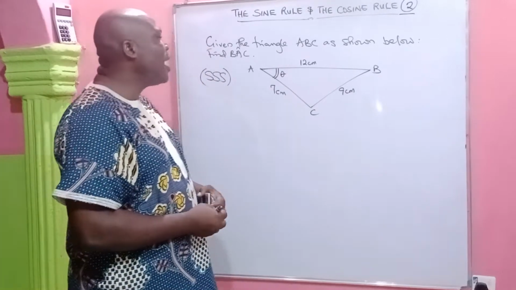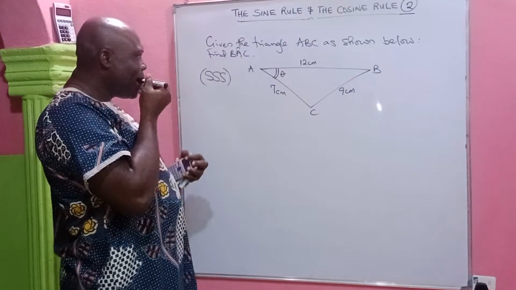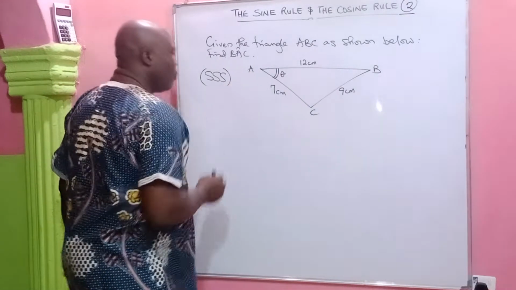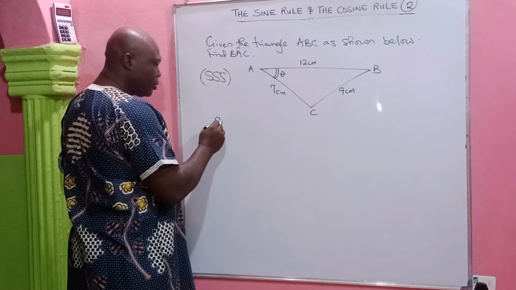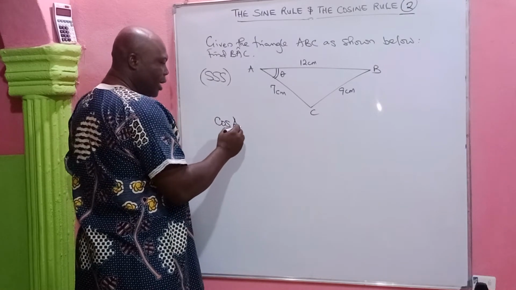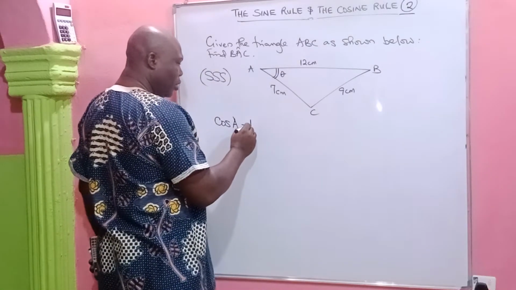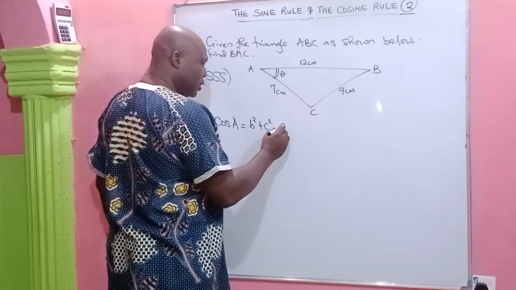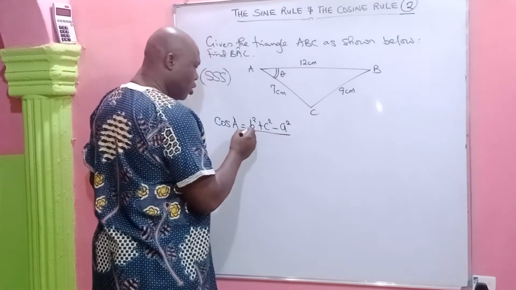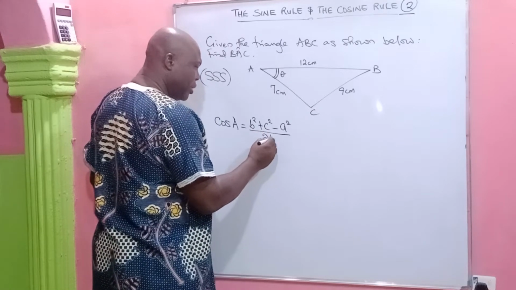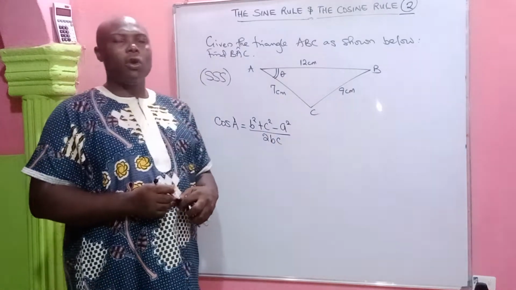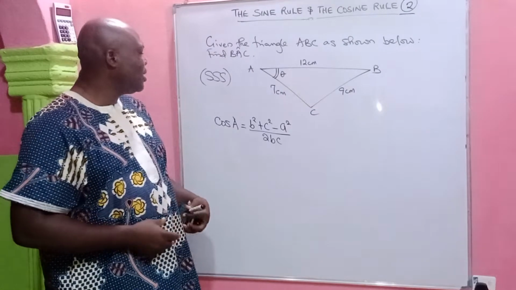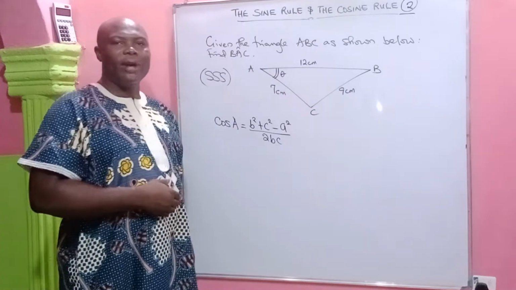And by the cosine rule, when you're looking for the angle A, the formula is cos A equals B squared plus C squared minus A squared all over 2BC.